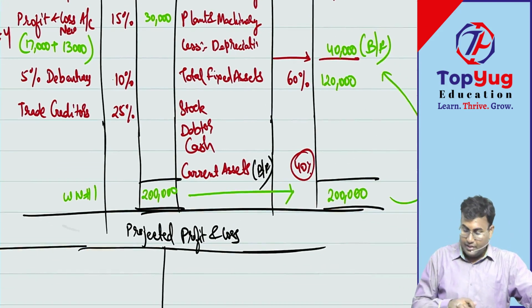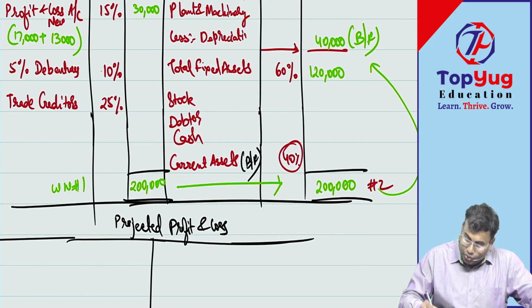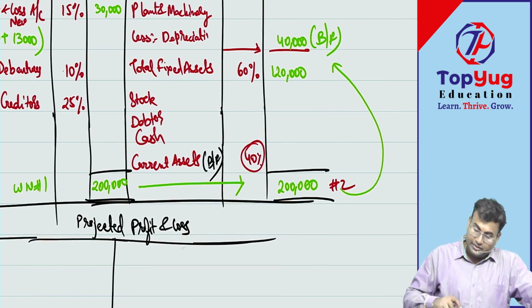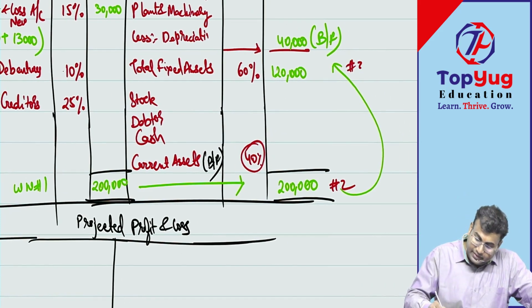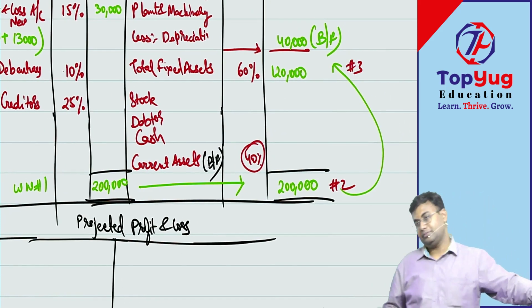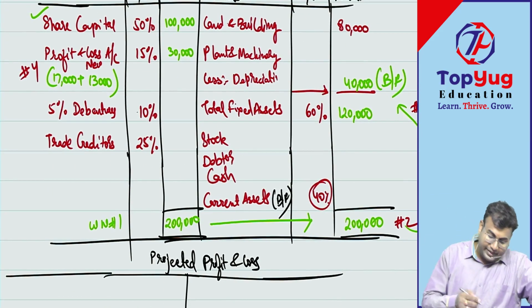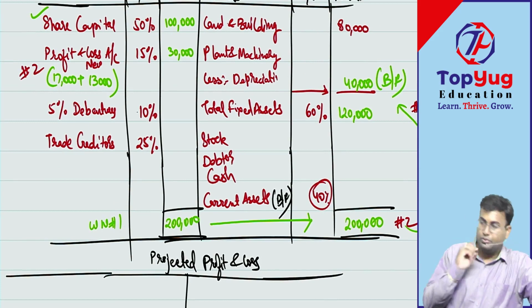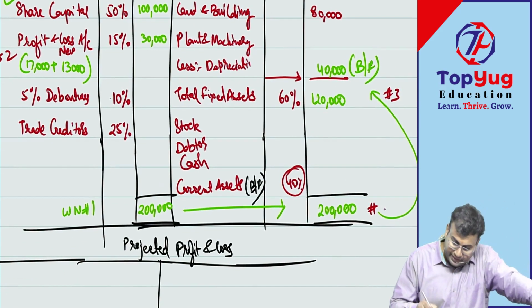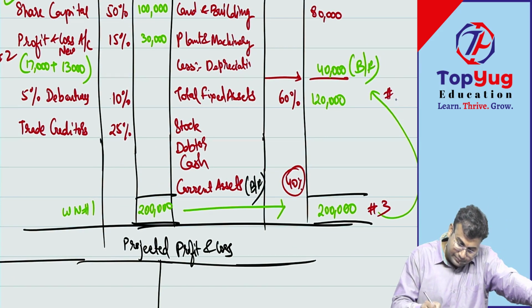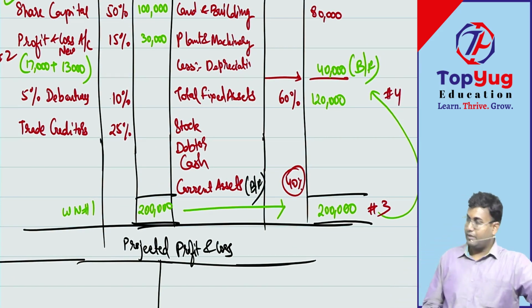Why 4, sir? This is working note number 2. This is working note number 3. Yes, so that's why, or you can name this as 2 first. Let us solve this first. Then you take this as 3. Then you take this as 4. Right?